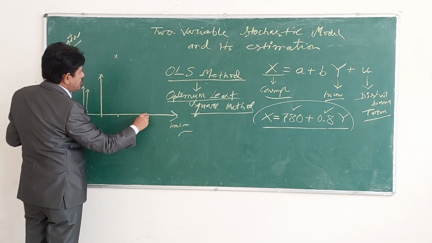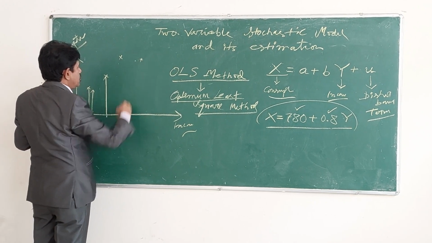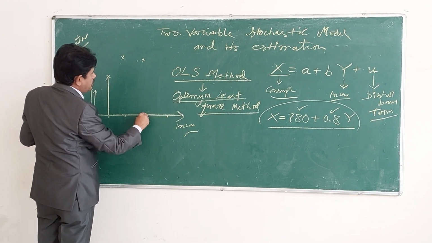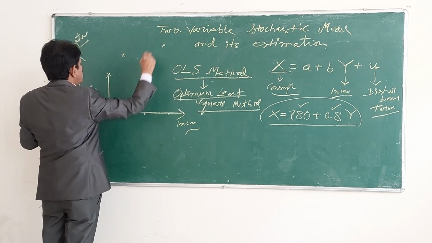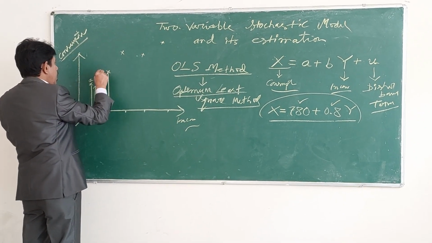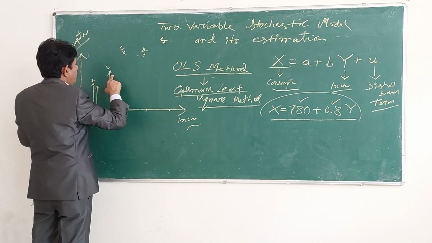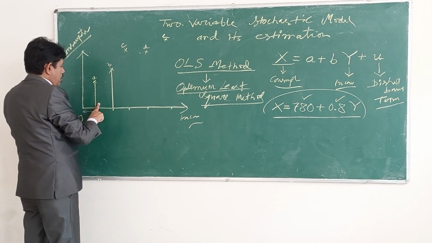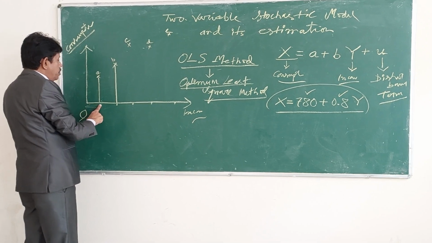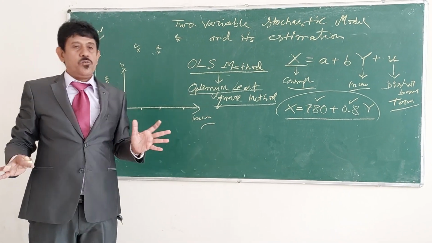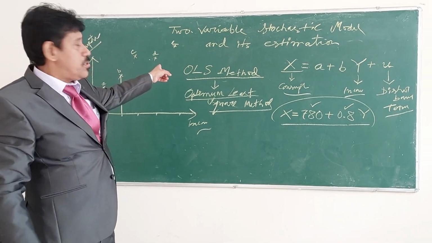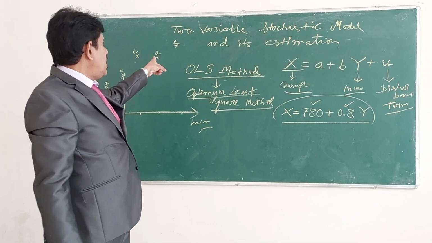We continue like this for each point. So these are the points A, B, C, D and E. We have 5 combinations of income and consumption: A, B, C, D and E.